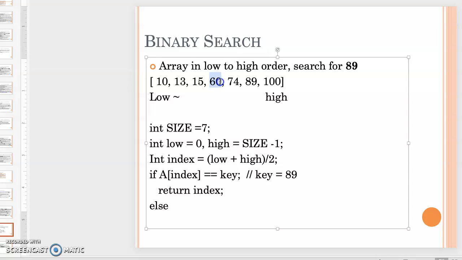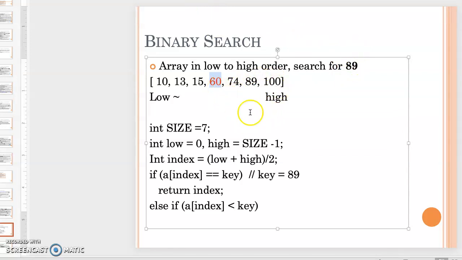Else if the array value at the index is less than the key, because we know 60 is less than 89, we know the range we are looking for is in the higher range.